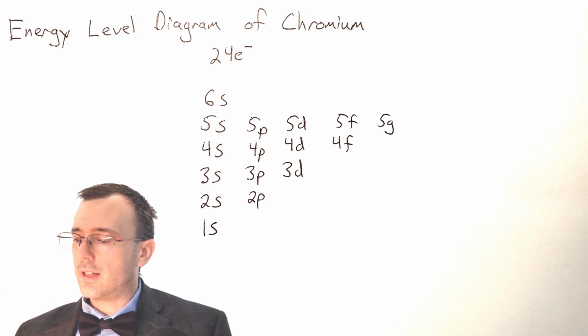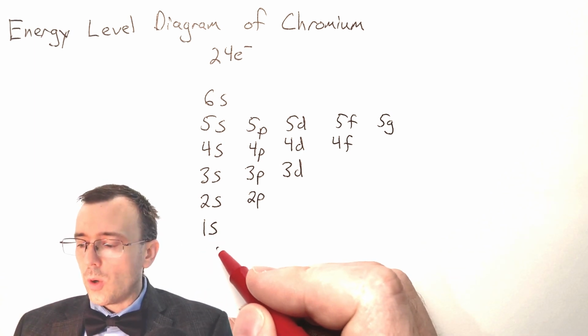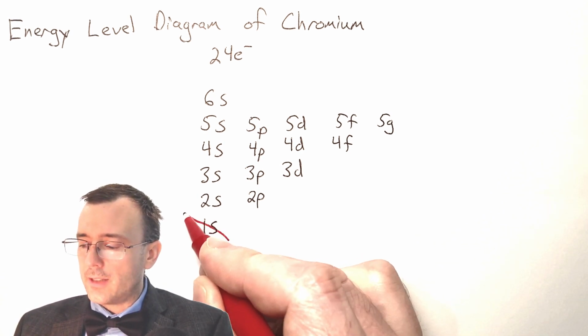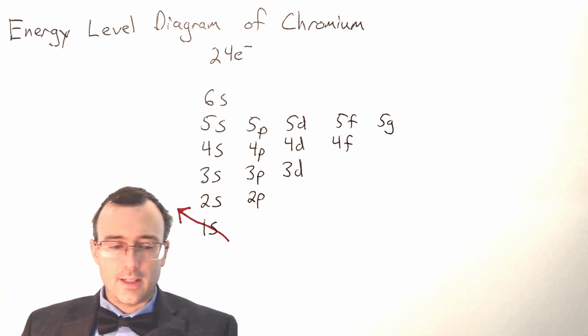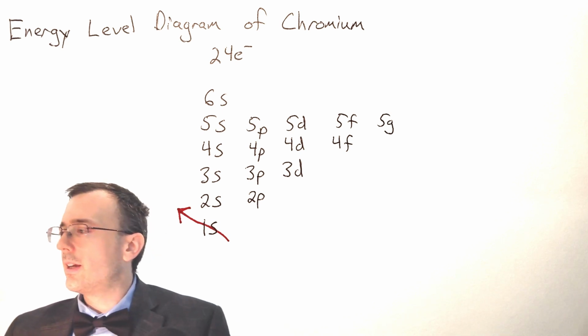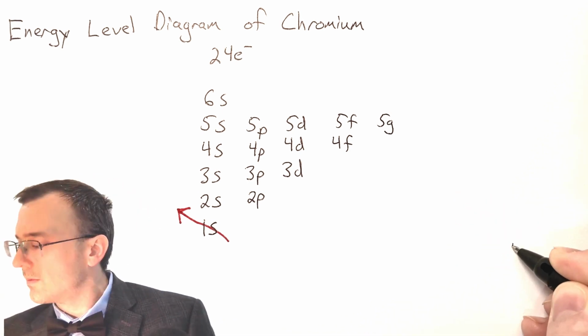But let's go ahead and use this. To figure out the order of these boxes, we're always going to look up and to the left. So our first box, and we already knew this, our first box is the 1s. I'm going to go ahead and draw the 1s box down here.